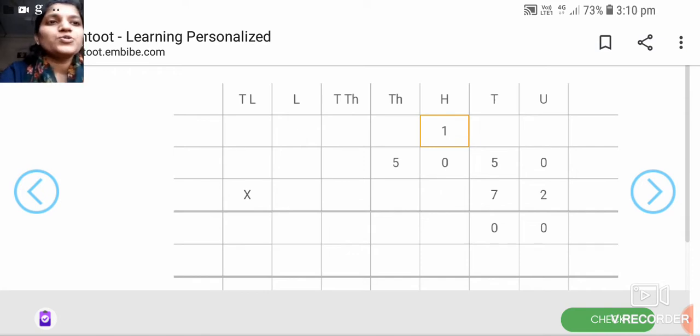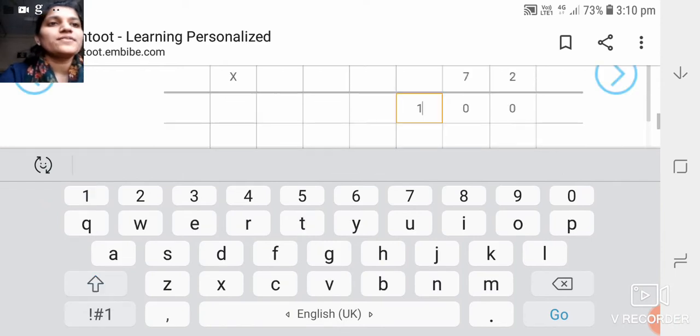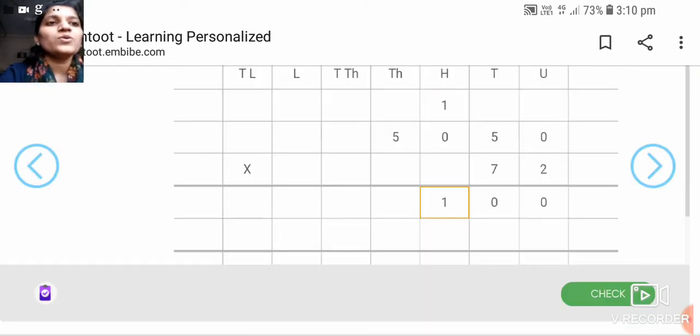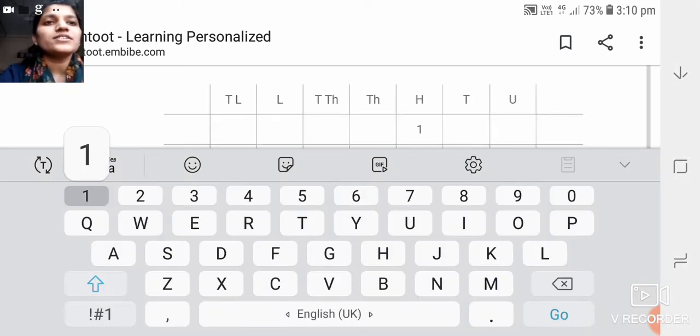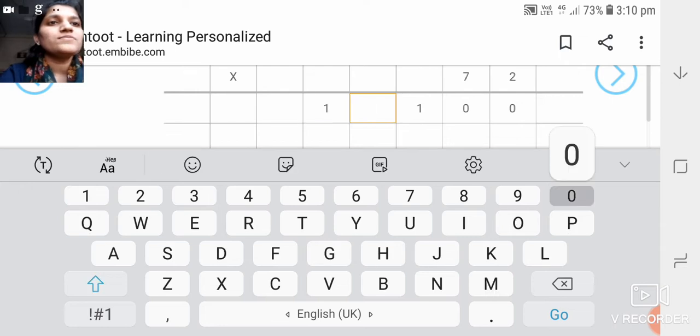Then 2 into 0, as 0 is in the hundreds place, is 0, and 0 plus 1 is 1, so we write 1 here. And now 2 5s are 10, as 5 is in the thousands place, so we write 1 and in this column 0.